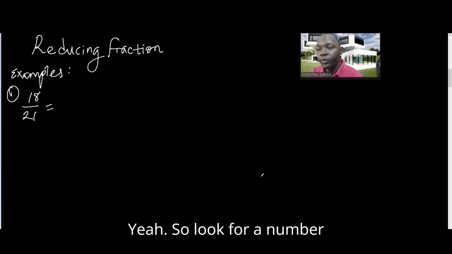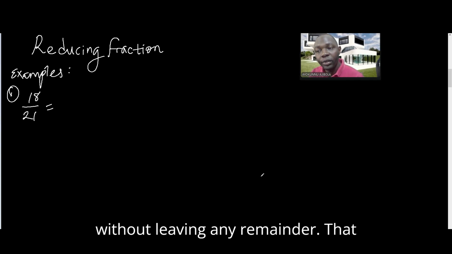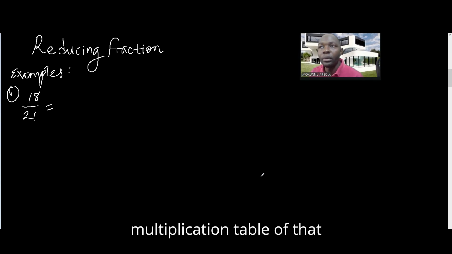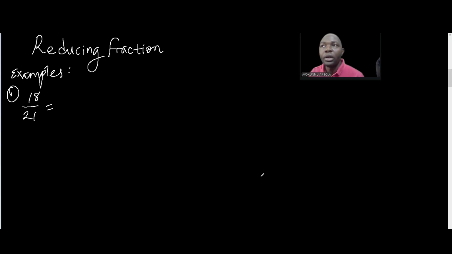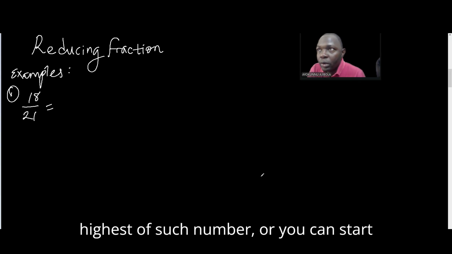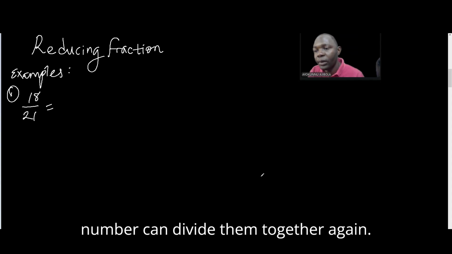So look for a number that would divide both of them without leaving any remainder. That is, both of them must be on the multiplication table of that number. And preferably, you could decide to use the highest of such number, or you can start from the lowest until no number can divide them together again.